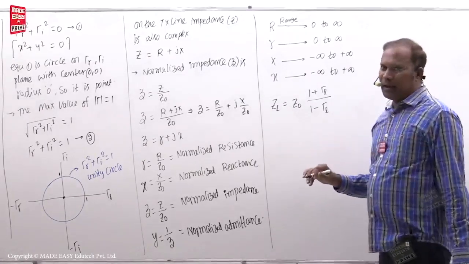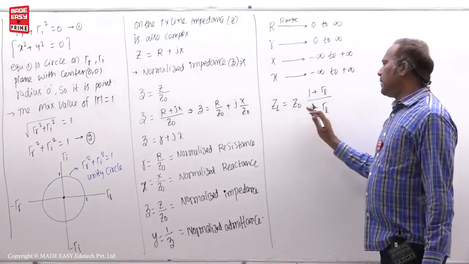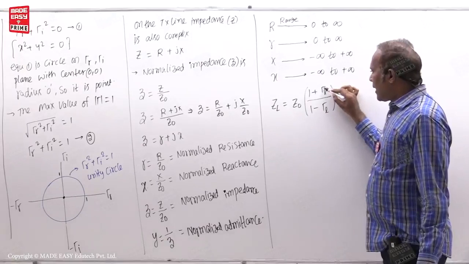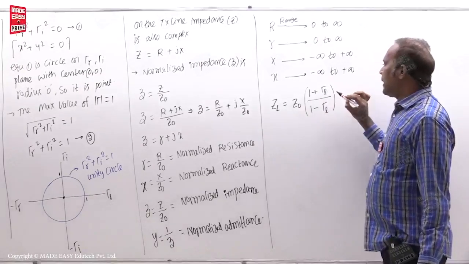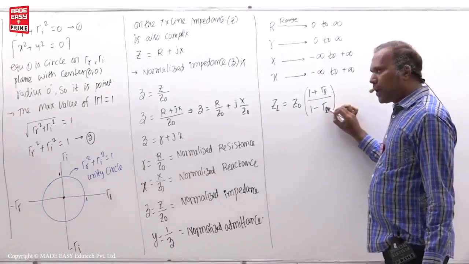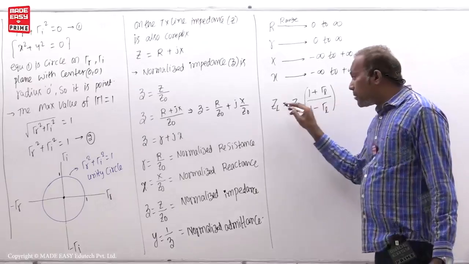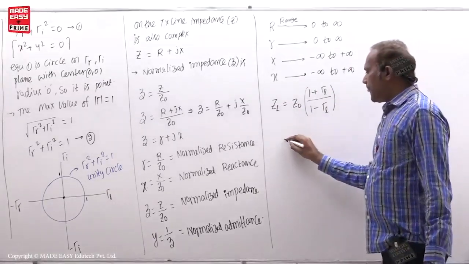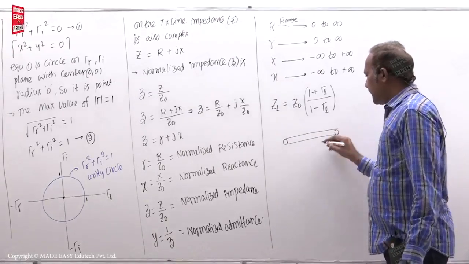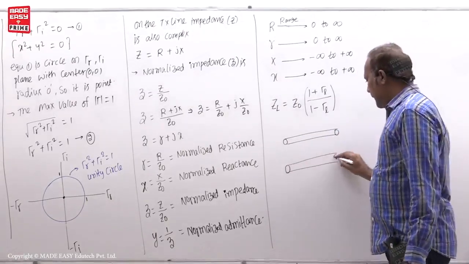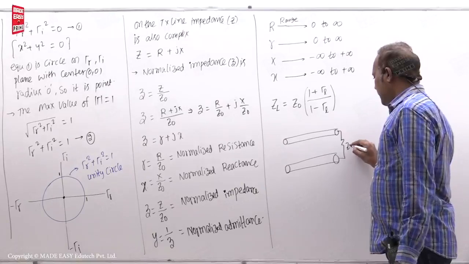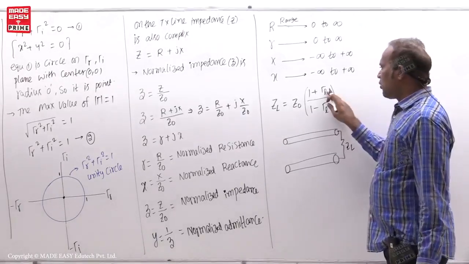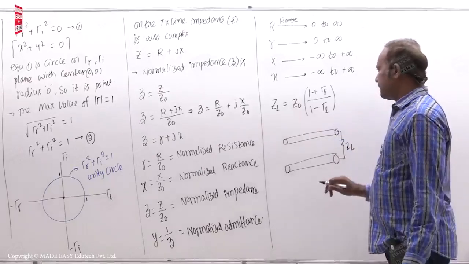In this formula, Z naught multiplied with 1 plus reflection coefficient at load, here I will take the reflection coefficient at load, then I will get impedance at load. For example, on this transmission line, this is ZL, and the reflection coefficient at load in this formula gives impedance at load.